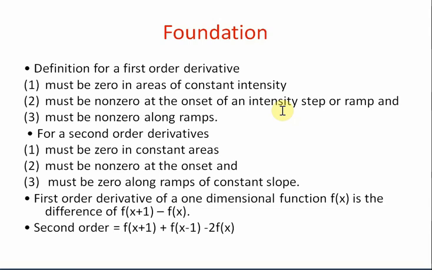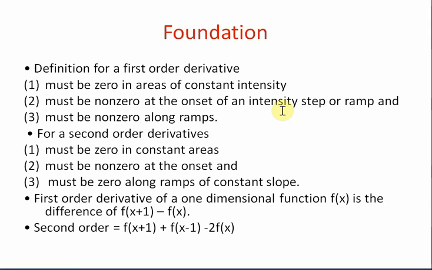Also for a ramp, growing or decaying, the value changes from one value to another. That is said to be a discontinuity, and that position is called the onset. If you apply the first order derivative at that position, you get a non-zero value. And also, coming to the next nature.